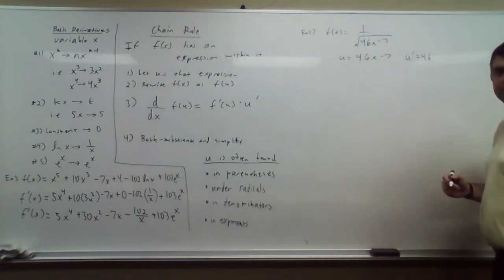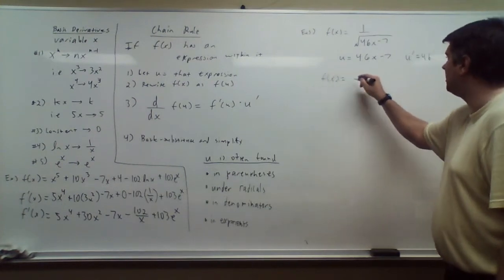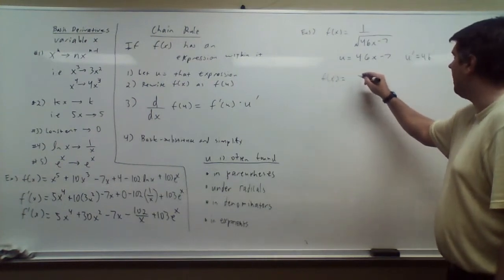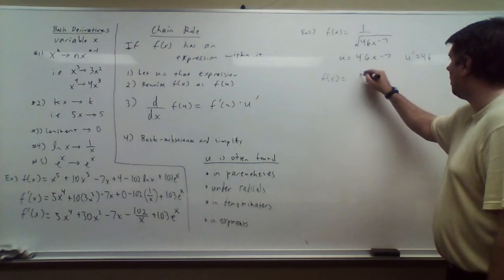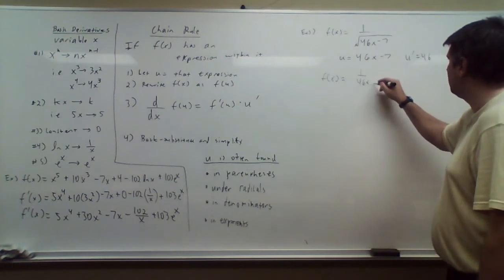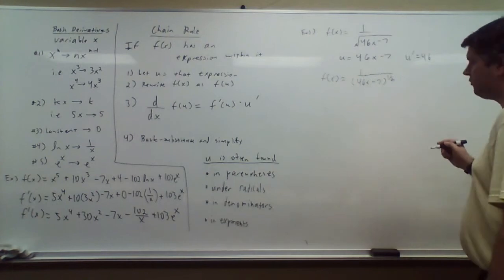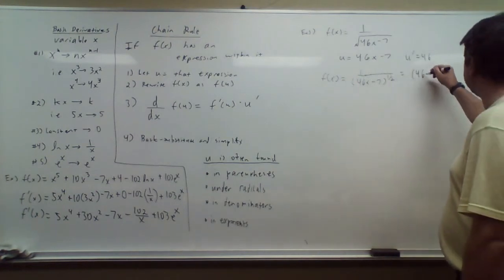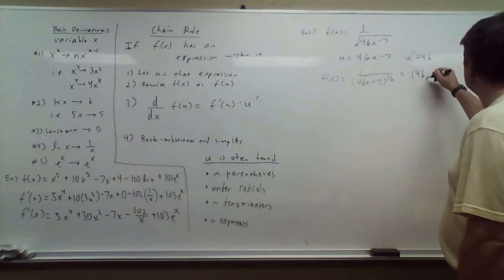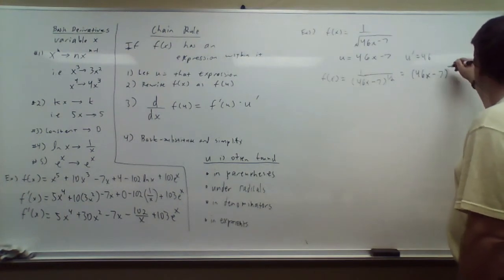Okay? So, f of x was originally 1 over 46x minus 7 to the 1/2. That's what the square root function means, which is equivalent to 46x minus 7 to the negative 1/2 power.